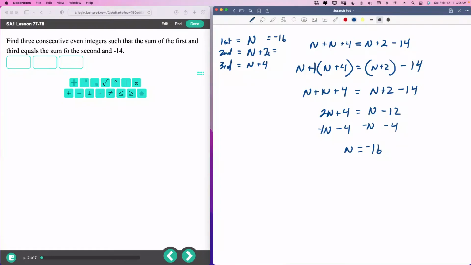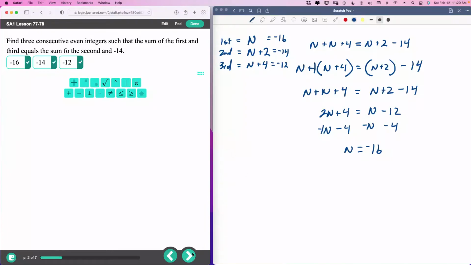Now when I add 2 to negative 16, it's going to be negative 14. And when I add 4 to negative 16, it's going to be negative 12. Those are my 3. So when I put them in here, negative 16, negative 14, negative 12.